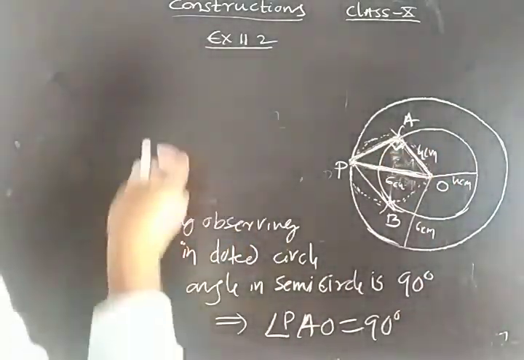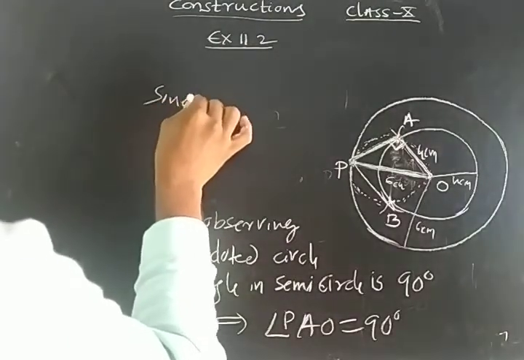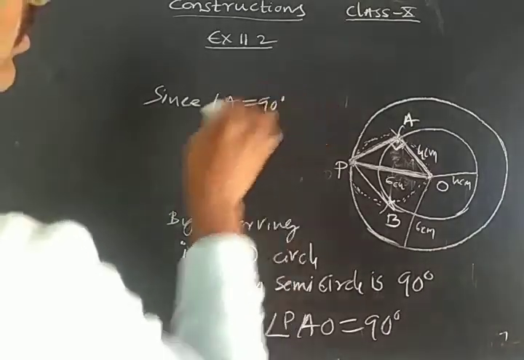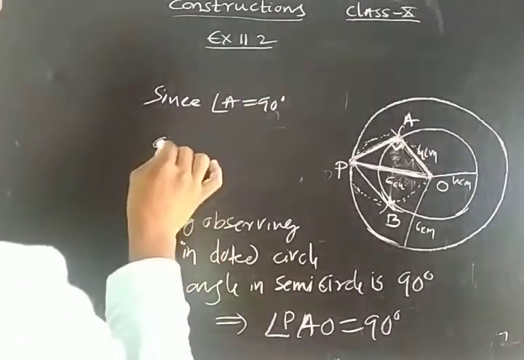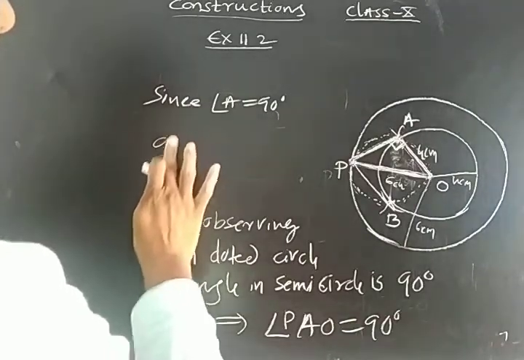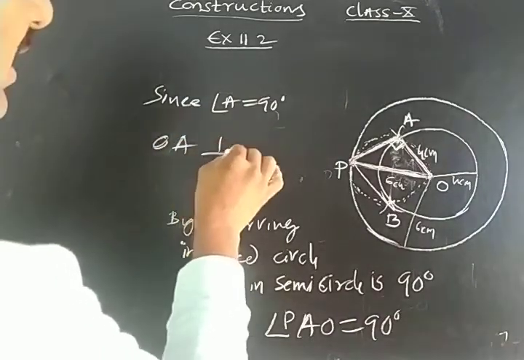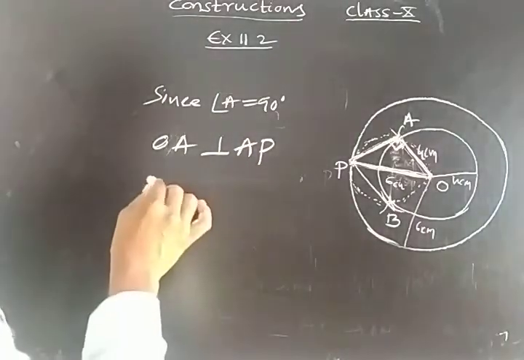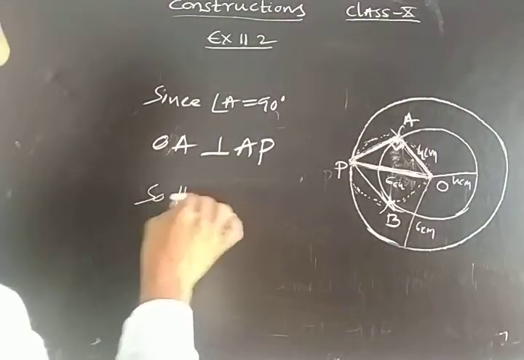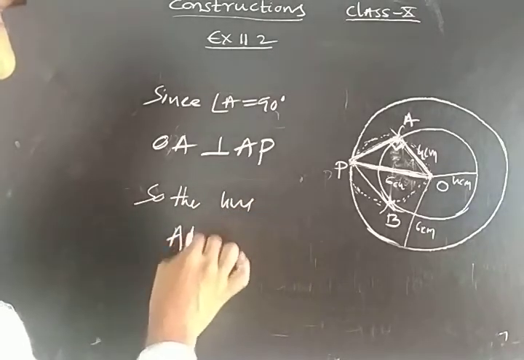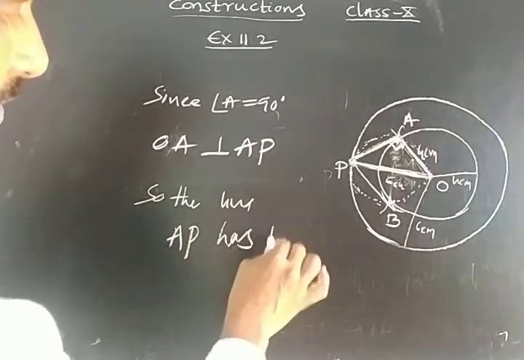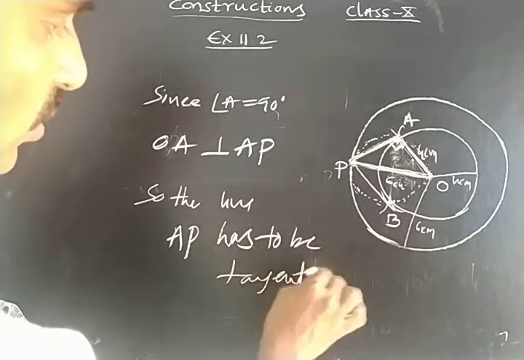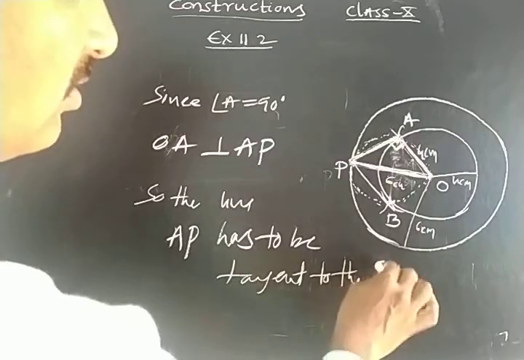Since angle A is 90 degrees, OA is perpendicular to AP. So the line AP has to be tangent to the smaller circle.